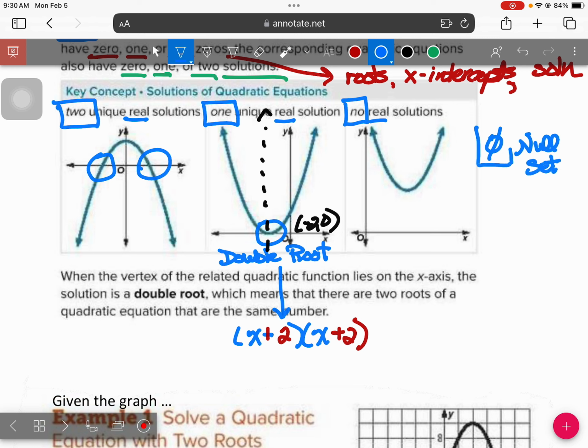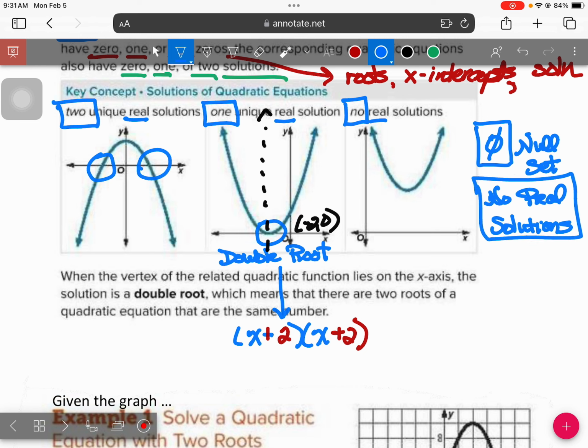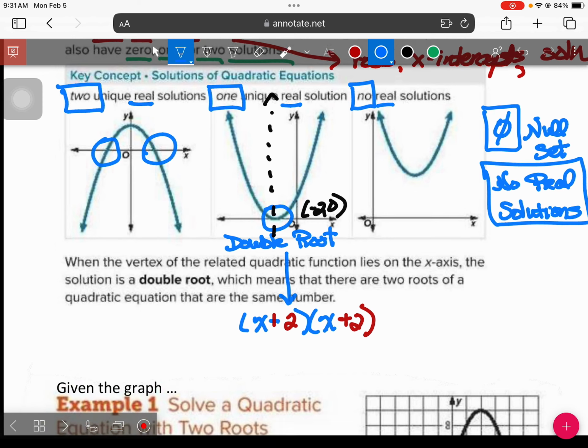Okay, so you could write this if there's no solutions, or you could put no real solutions. And the key word is you have to put real, because there are solutions, but they're not real solutions. Okay? And you could also write out null set, but a 0 with a diagonal slash is a lot quicker.